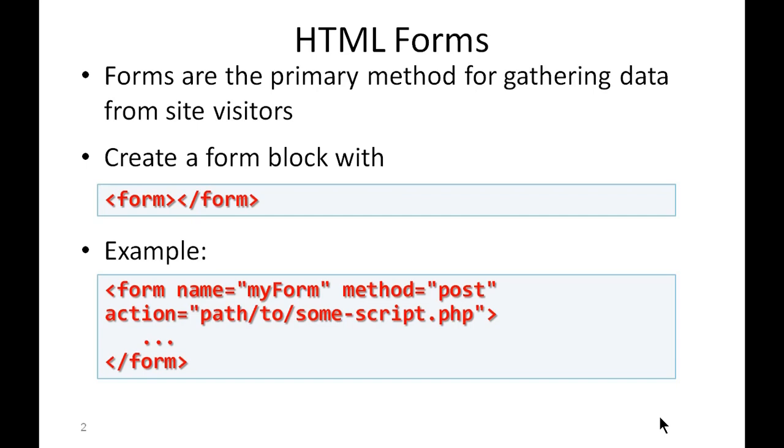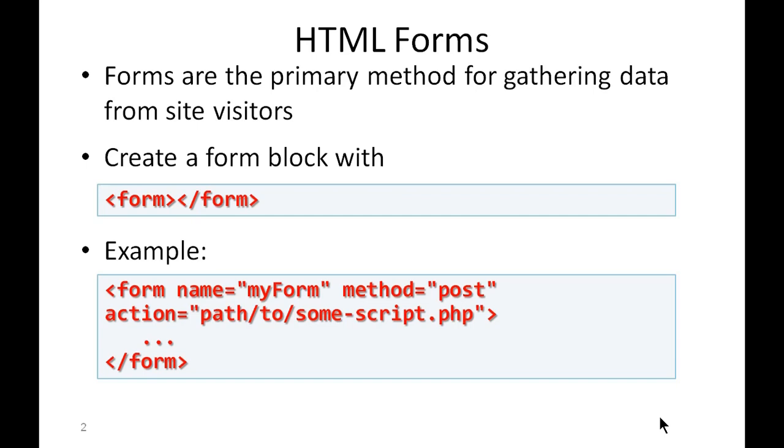So what will happen? The form name is my form. Then method is post, and the action is path to some script dot php. So this my form will be posted to the action which is given here. Action is nothing but the path where that form will be submitted. Path slash to slash some are nothing but various folder names.